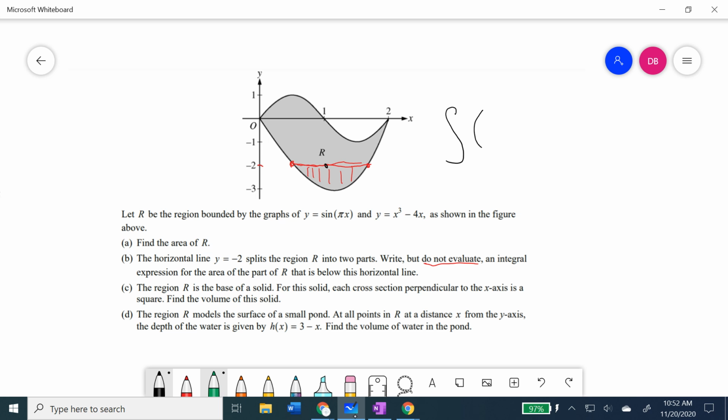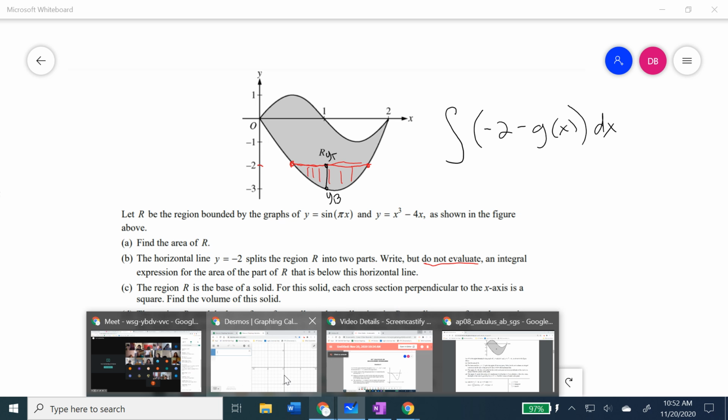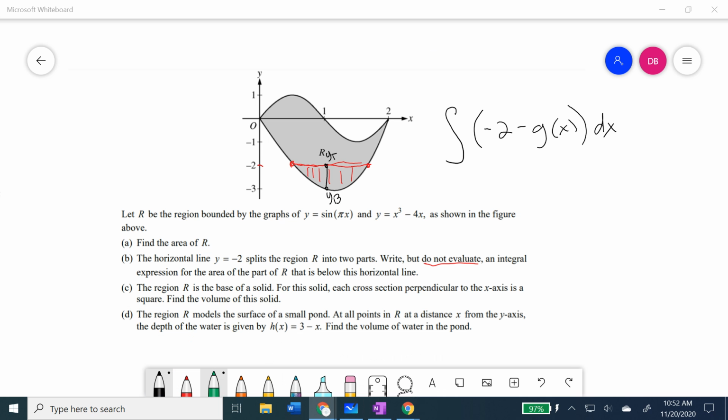and the area will be, again, a y top minus a y bottom, where the y top is -2, and the bottom is the function that I named as g of x. And then this one I did get the Desmos ready on.